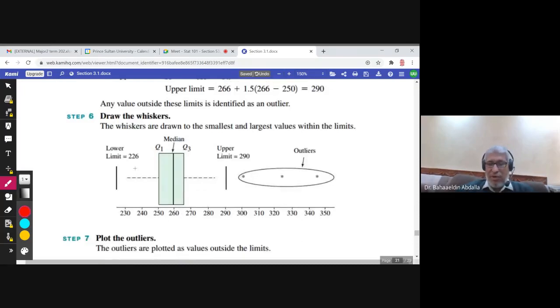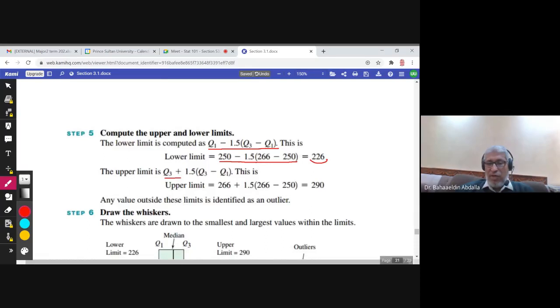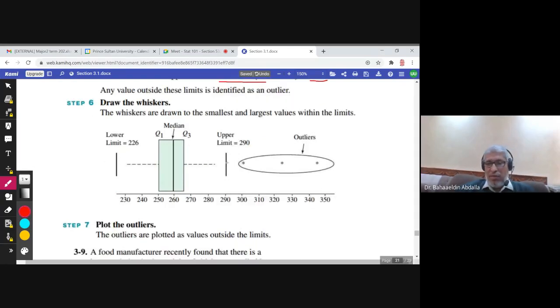And the upper limit, this is the formula of the upper limit. You put the numbers, find the answer, 290. So this is the upper limit. It would be here, 290. Good. Now you have the lower limit, 226, and the upper limit, 290.